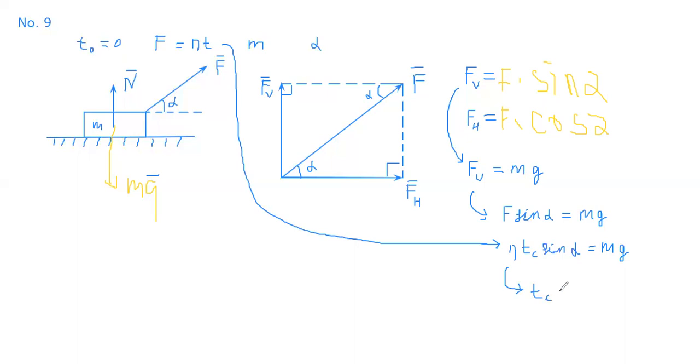It is equal to mg divided by eta sin alpha. Okay, is it clear for the moment? Yes. Yes, okay, that's great.